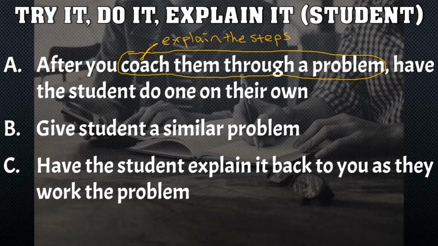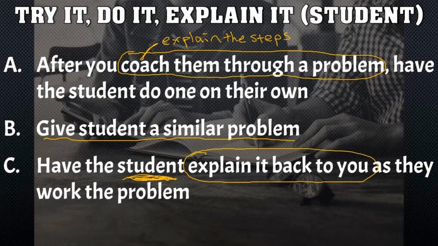So after you do that, give them another problem and have the student do one on their own. So you're going to give the student a similar problem. But while the student is working on that problem, they're just not going to sit there in silence and work the problem. The student is going to explain it back to you as they work the problem.